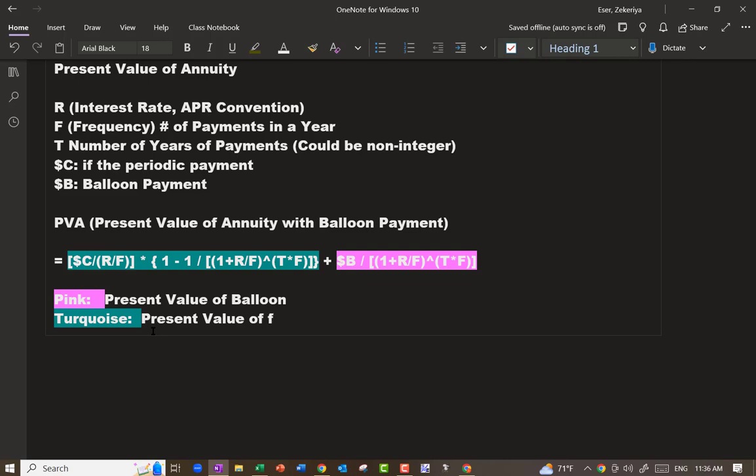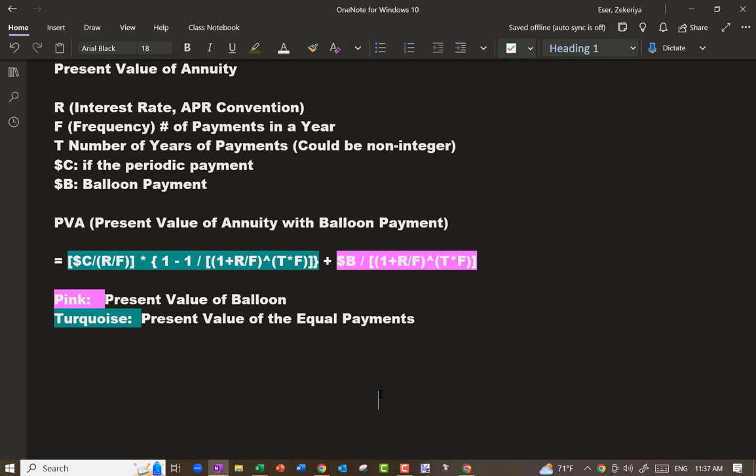Okay, it's not a problem. We can code this in Excel. There are kind of a lot of traps. One, you need to worry about order of operations. Be careful of parentheses. For example, if you wrote 1 plus R over F raised to the power T times F as 1 plus R divided by F, close the parentheses, to the power without the parentheses, T times F, you're going to make a mistake because exponentiation takes precedence.